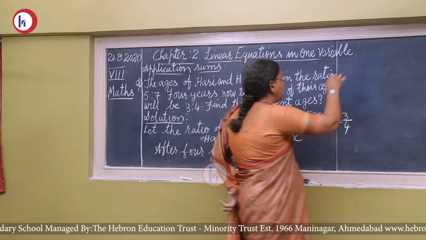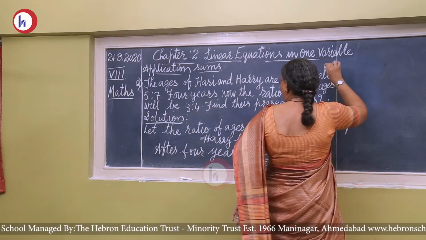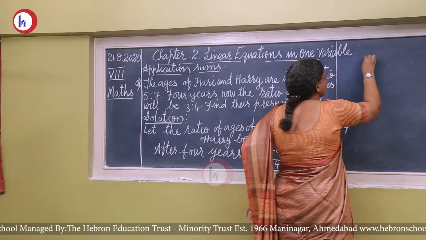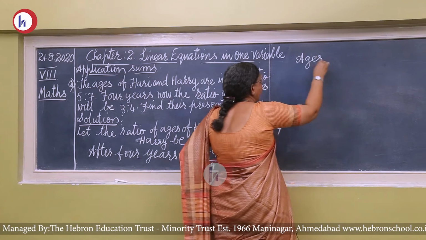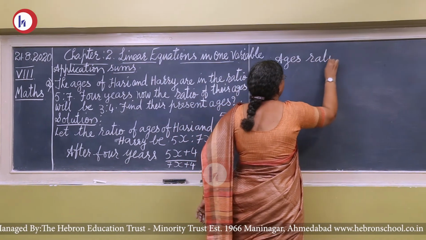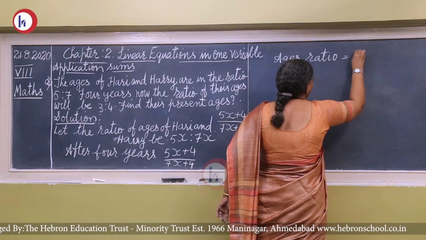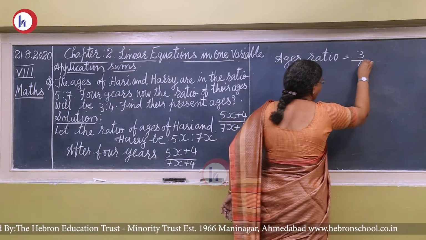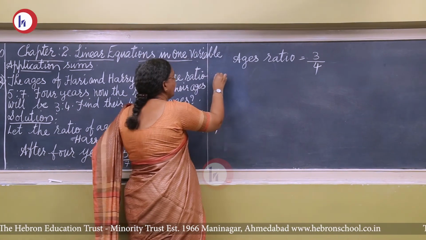Then you will get the present ages. That is, the ratio of the ages after 4 years is equal to, it is given 3:4, means 3 upon 4. Ratio is always found by dividing the numbers. Then we get the equation.